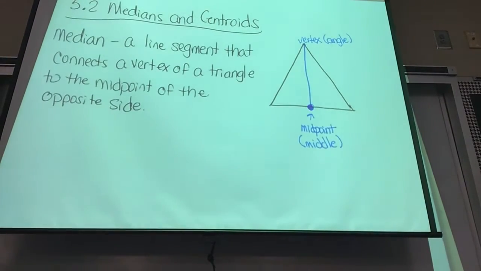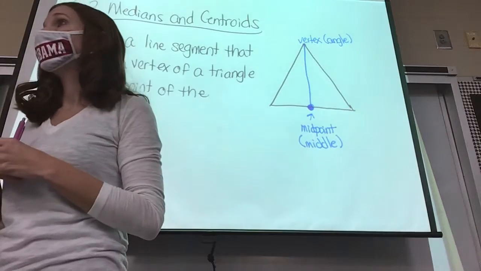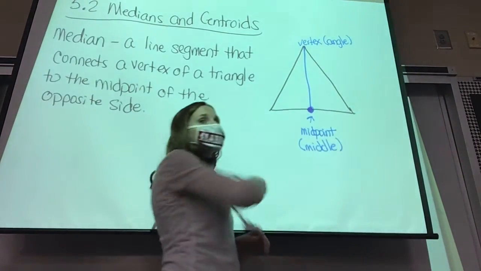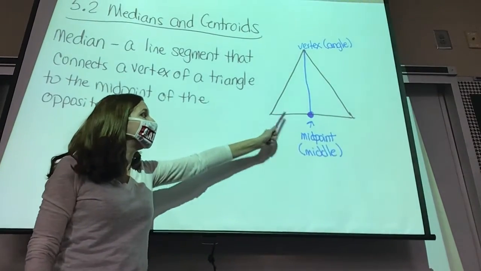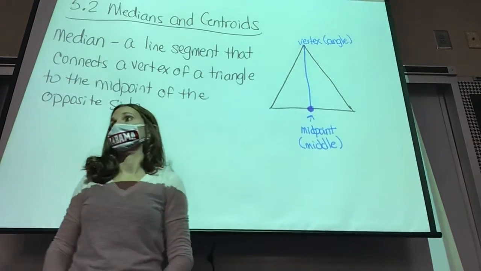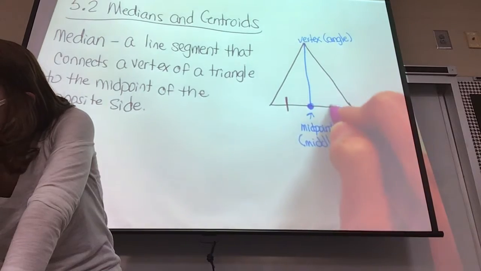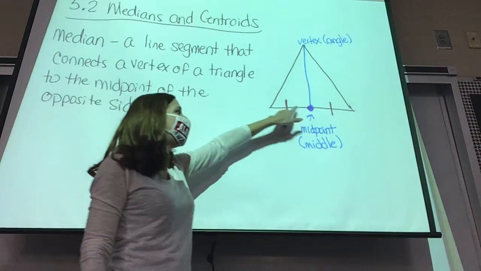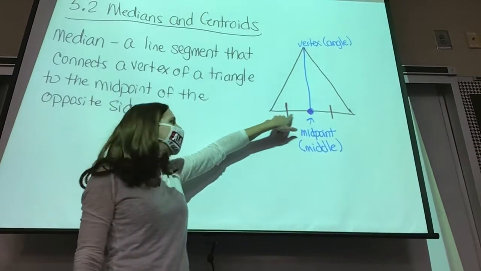We've had this before. Midpoint cuts it in half. So the midpoint cuts this line in half. So this piece is going to be equal to this piece. So I know now that this is going to be equal to this. So if this is 5, this is 5. If this is 27, that's 27.